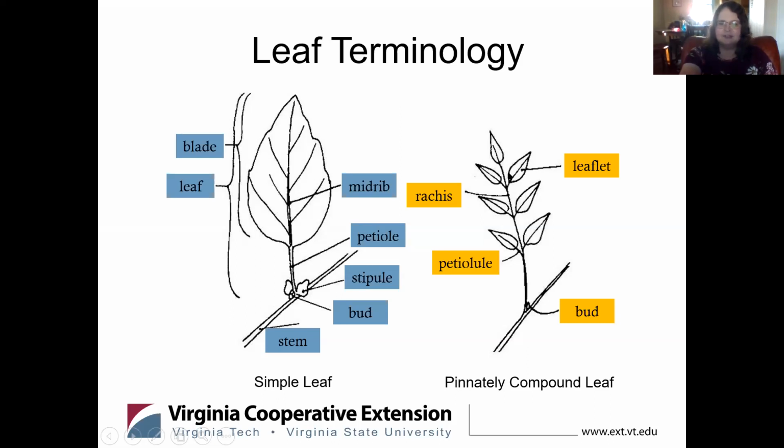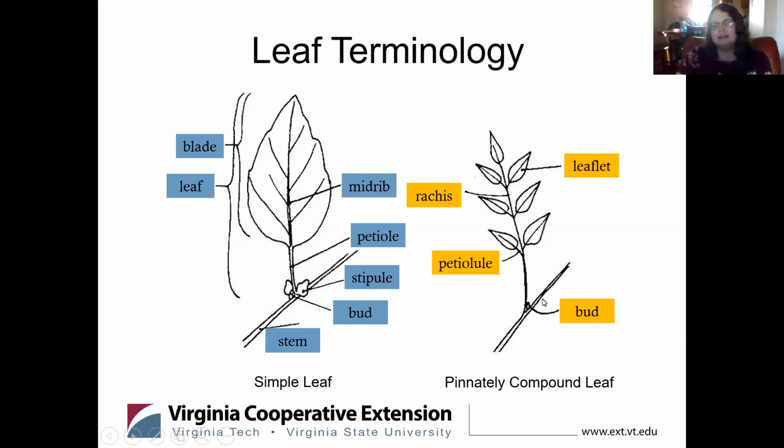So you have this central rachis right here. Petiole, petiolule, I can never pronounce that one. But that's directly below the leaflets. So you have the petiolule, and the leaflet is attached to that. The petiolule is attached to the rachis, and then that attaches to the main stem structure.